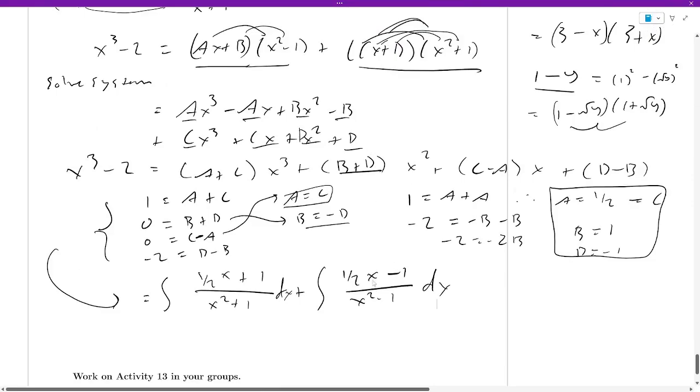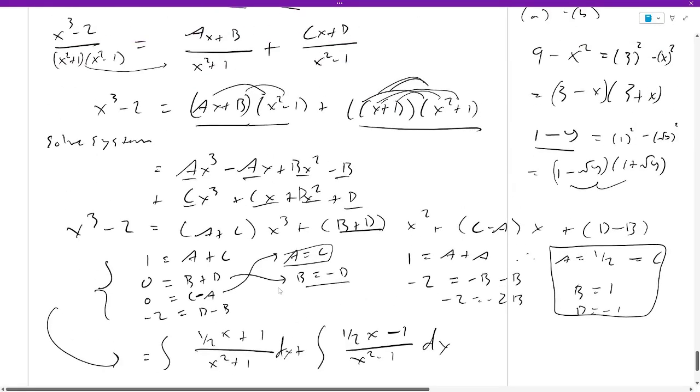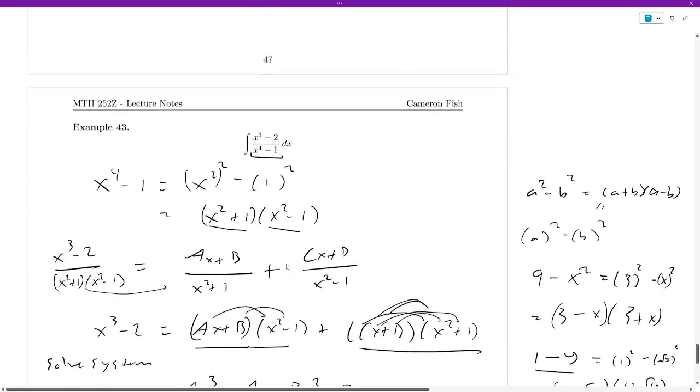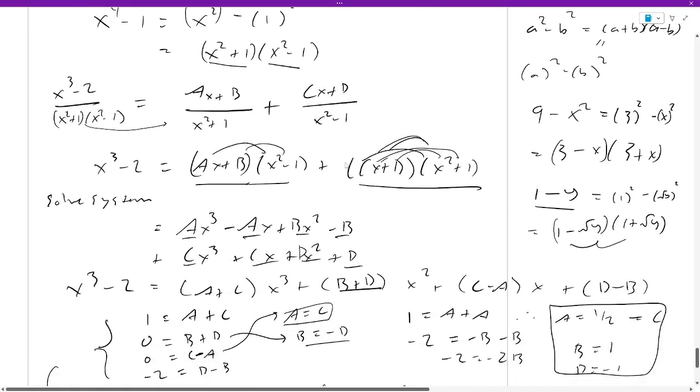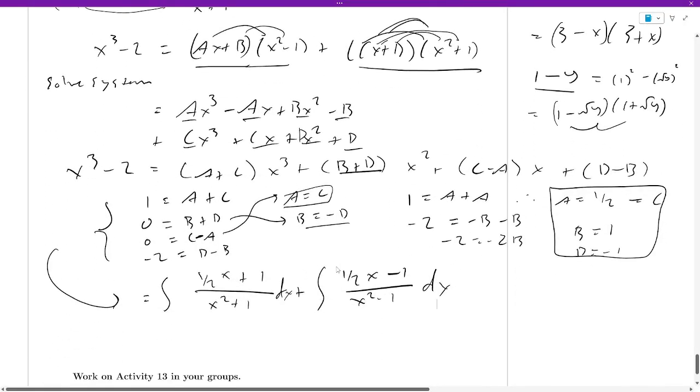Cool. So again, maybe that doesn't look like much right away, but this is an easier integral to do than the original. The original is very uncertain looking, but here we have some progress we can make, right? I do have to split it up a bit more if I want to get the final answer. Remember, I can split the fraction, and I can pull the 1/2 out.